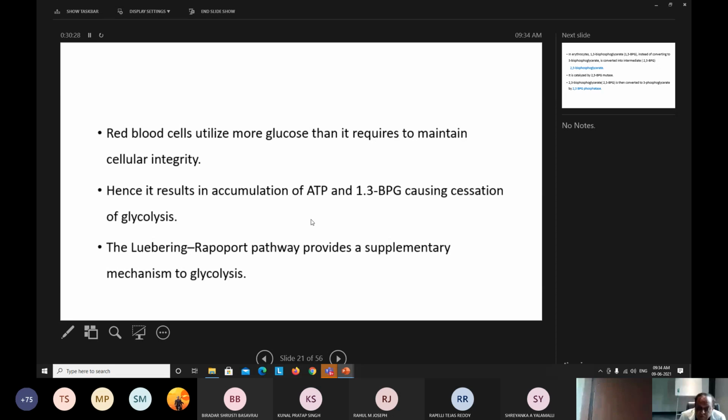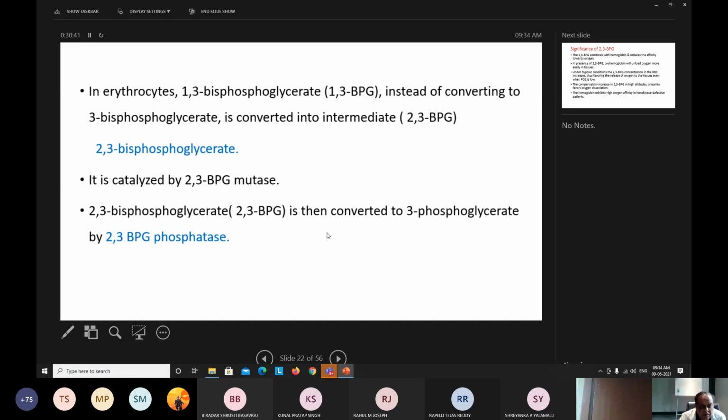So this pathway, the Luebering-Rapoport pathway, provides a supplementary mechanism for glycolysis. In erythrocytes, 1,3-bisphosphoglycerate, instead of converting to 3-phosphoglycerate, is converted into the intermediate 2,3-bisphosphoglycerate, which is then converted into 3-phosphoglycerate. This is how the reaction takes place.